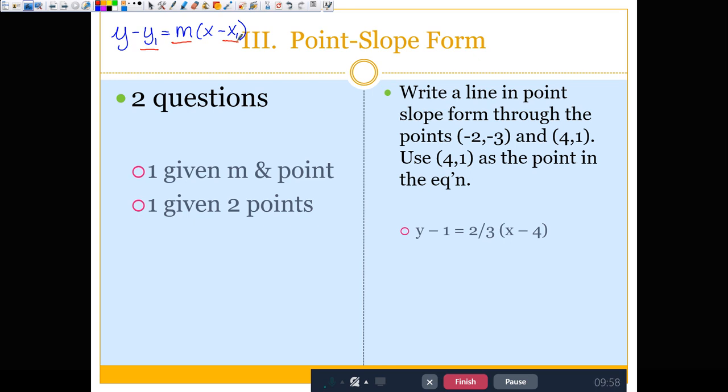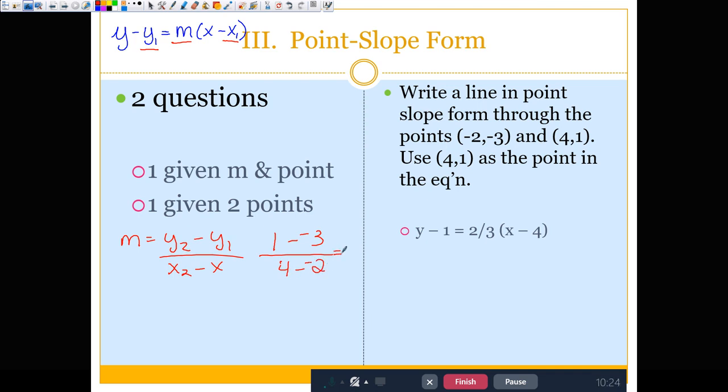So they gave me 2 points, so I need to find slope. I mean, it's called point slope form for a reason, because you need a point and you need slope. So I'm going to use my equation m equals y2 minus y1 over x2 minus x1 to find my slope. So that's going to be 1 minus negative 3 over 4 minus negative 2, which is also the same thing as plus.